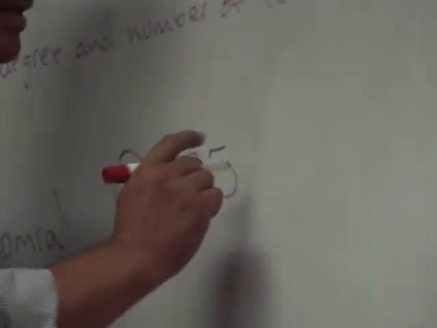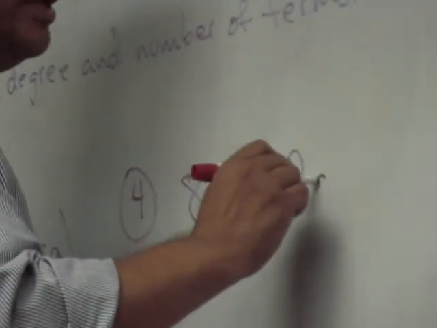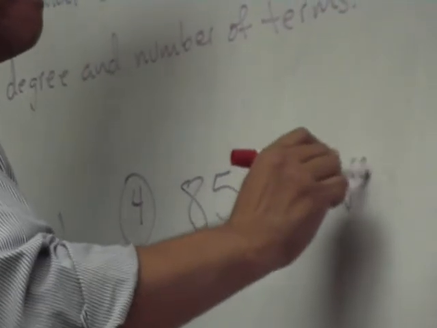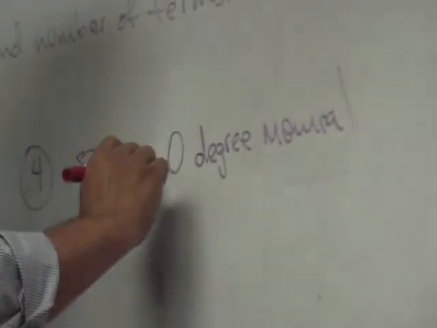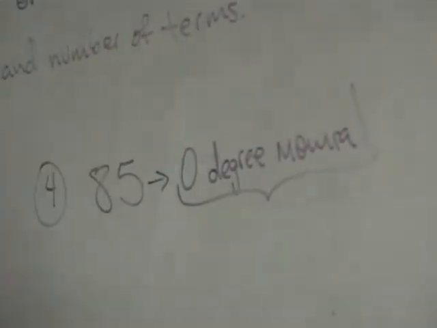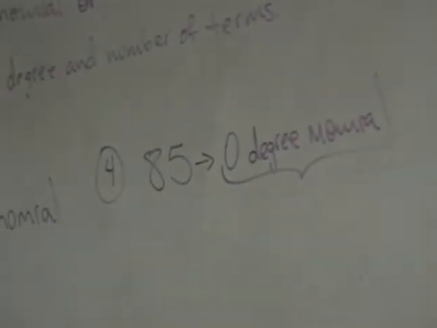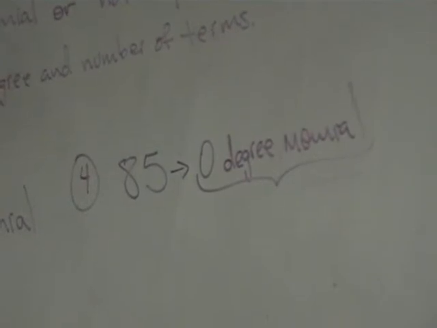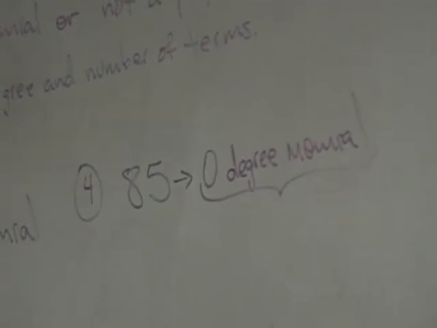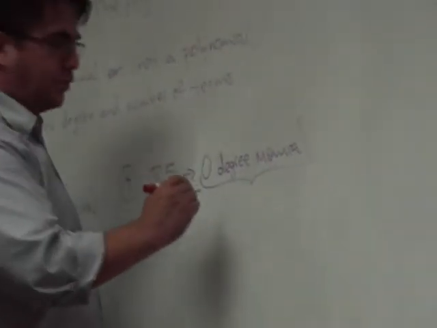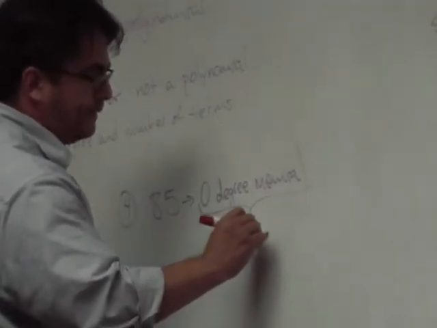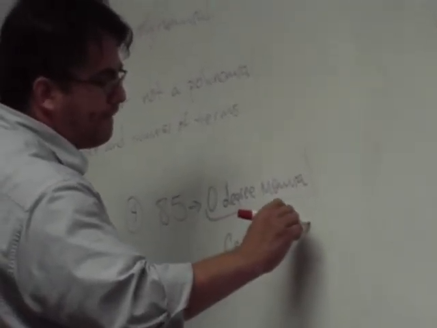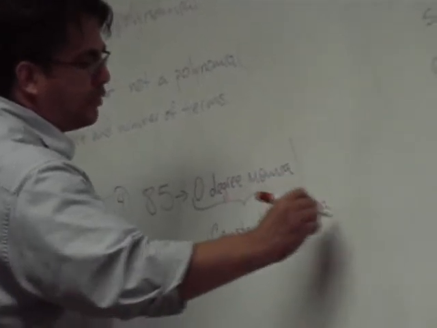So you could say this is a 0 degree monomial, but we don't use this typically. It's not incorrect, it's just not commonly used. What we will say is a constant monomial. Instead of 0 degree, we'll just say this is a constant monomial. 0 degree we replace with the word constant.